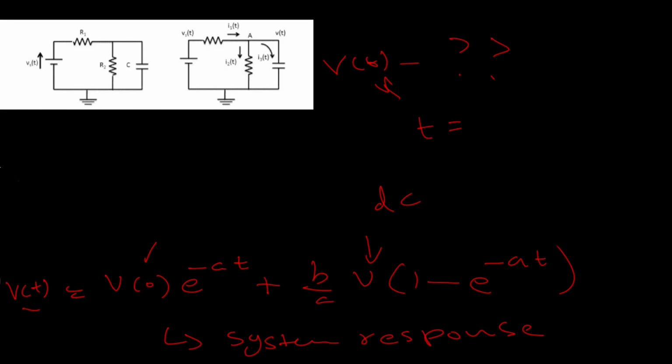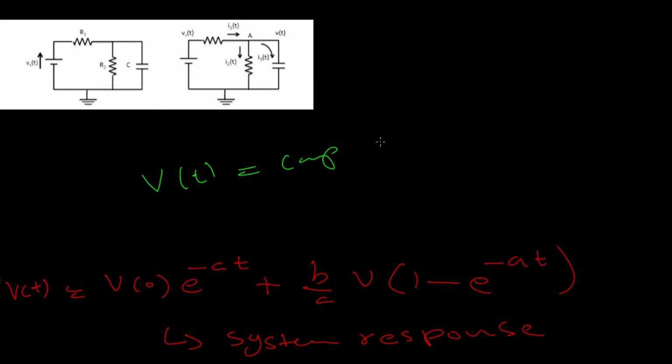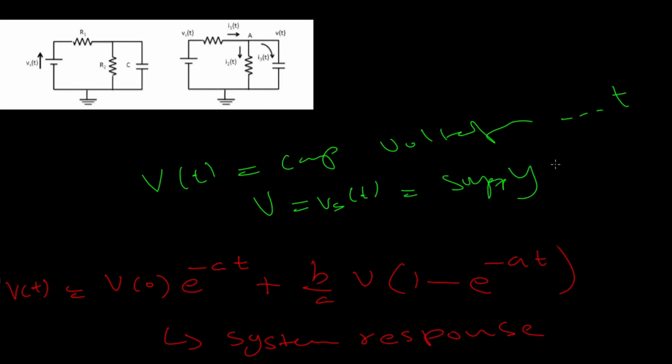If I had to write this again, do not mix this up. v(t) is the capacitor voltage at a specific time. V, capital V here, is Vs, which is the supply voltage. Okay, do not mix this up.